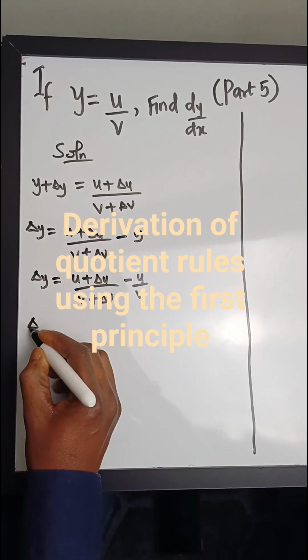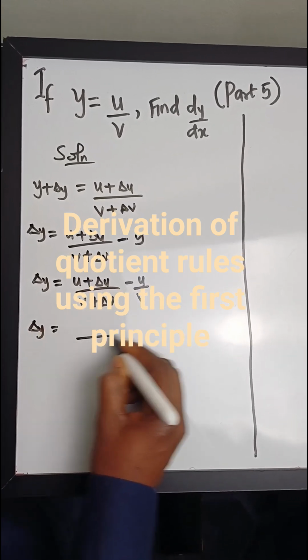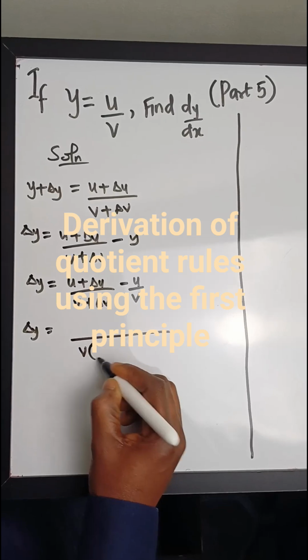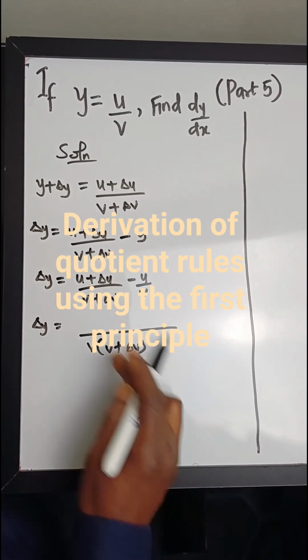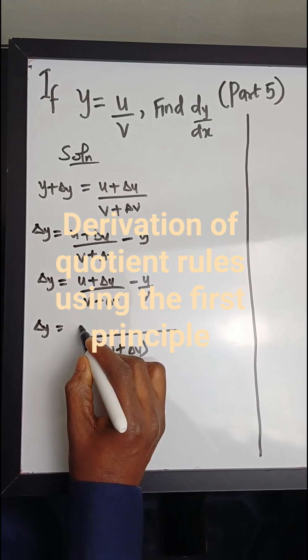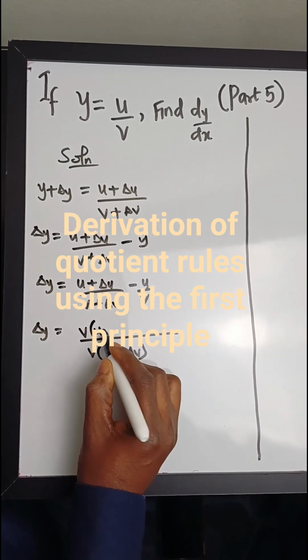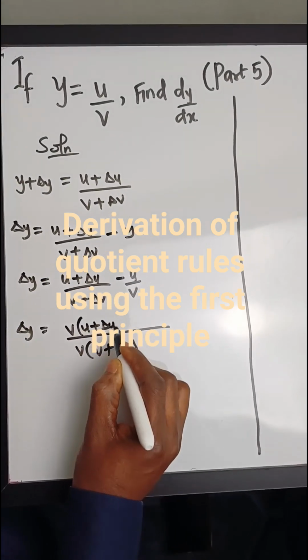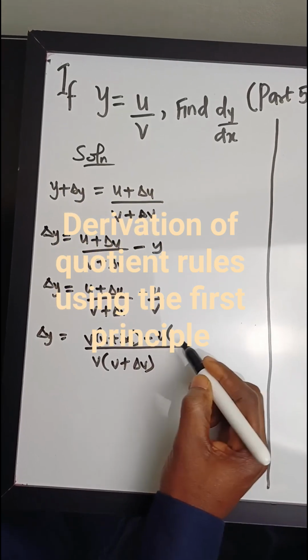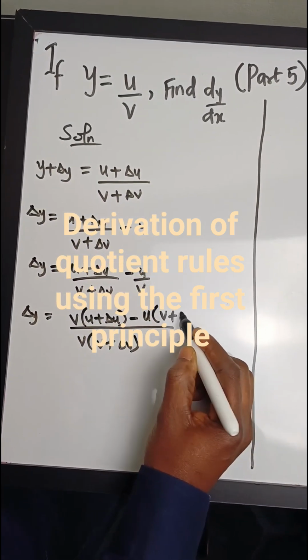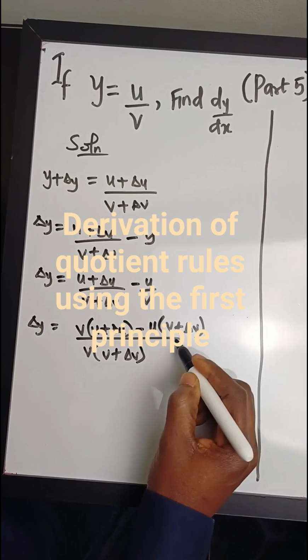Then the next thing is to find the LCM, which is v into v plus change in v. So when you find the LCM, you have v into brackets u plus change in u, minus u into bracket v plus change in v.